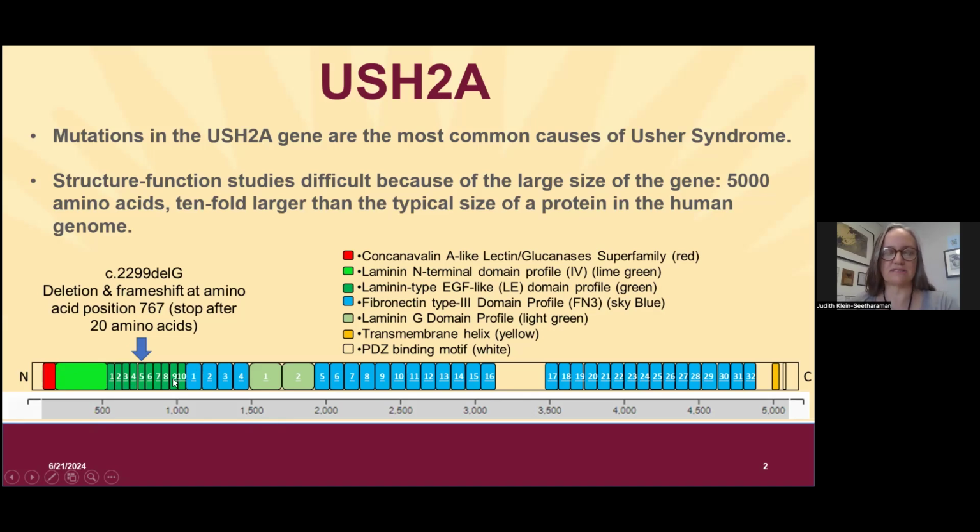And one hypothesis that we are proposing based on this drastic deletion of the vast majority of the protein sequence is that there is, on the one hand, a loss of function because of all this missing part, but there may also be a gain of function because the behavior of the segment of 767 amino acids at the beginning here in isolation is likely going to be different when it is by itself as compared to when it is embedded in the full protein.